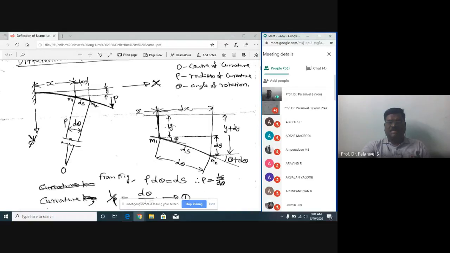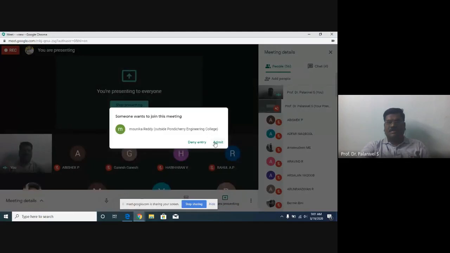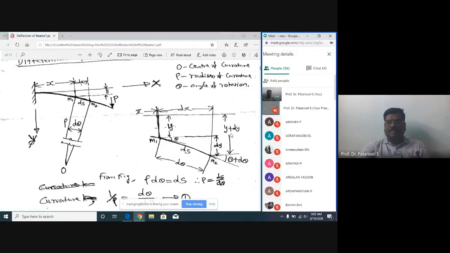The deflection of point M1 from its initial position is y, and at M2 it is y plus dy. The angle of rotation at point M1 is theta.